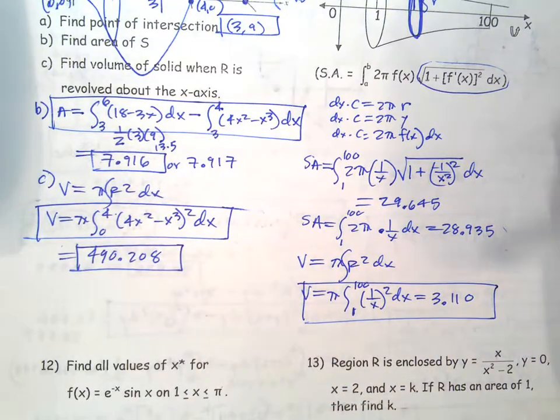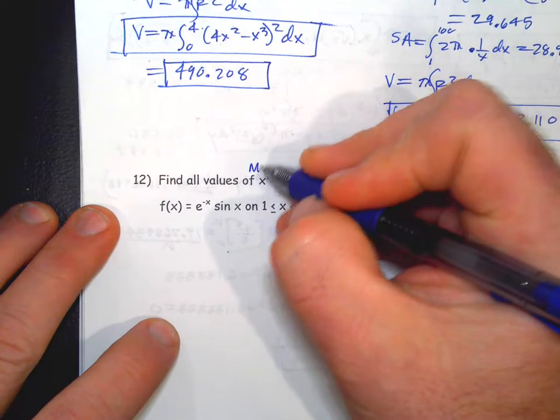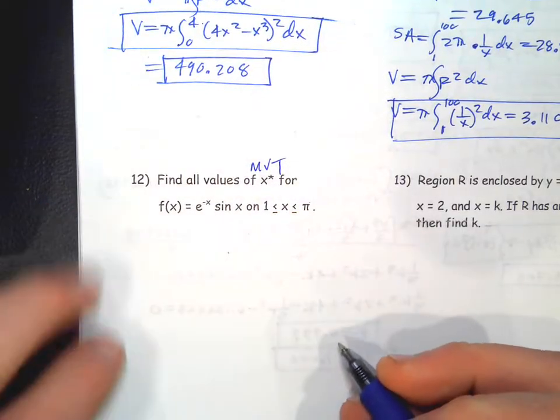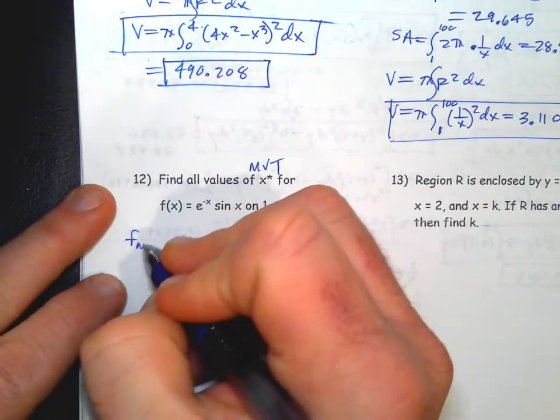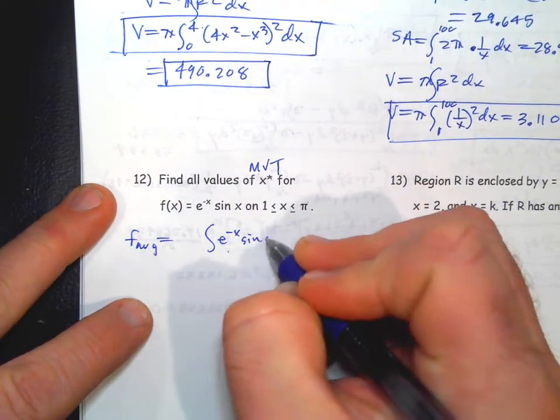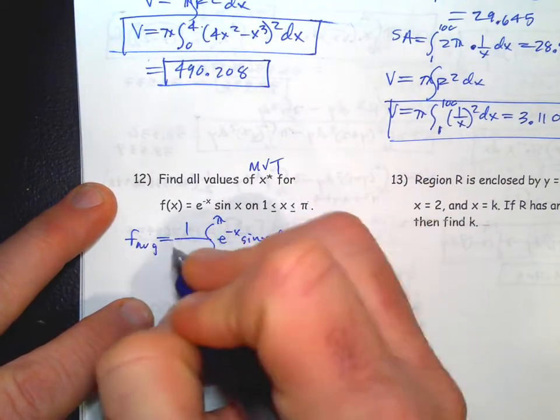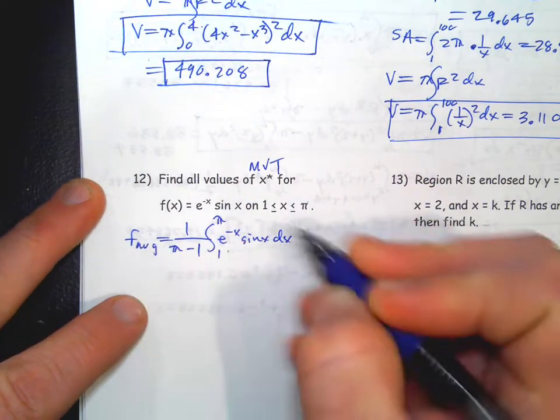All right. Okay. Find the values of x star. So that would be the mean value theorem. And so we want to find the average value first. It's the area under the curve from 1 to pi divided by pi minus 1.